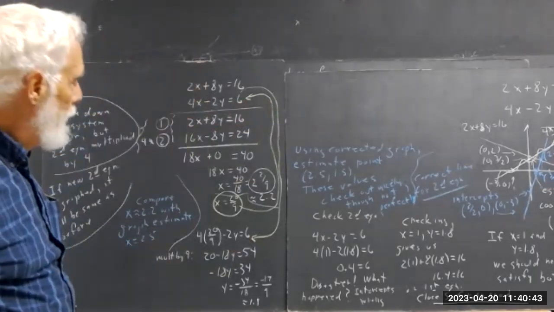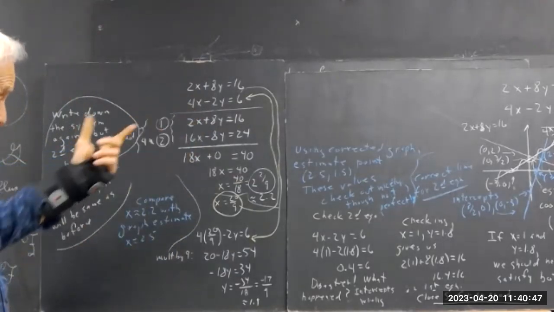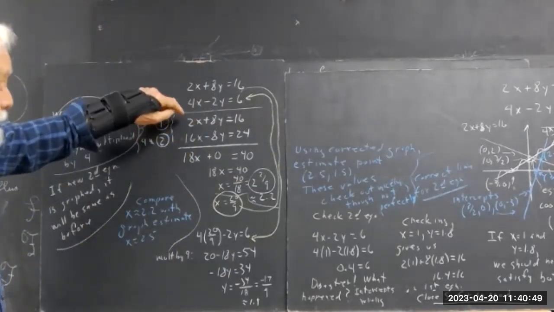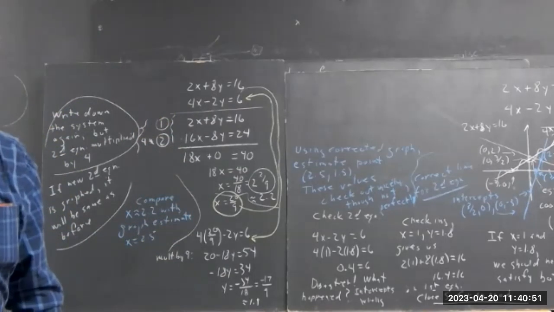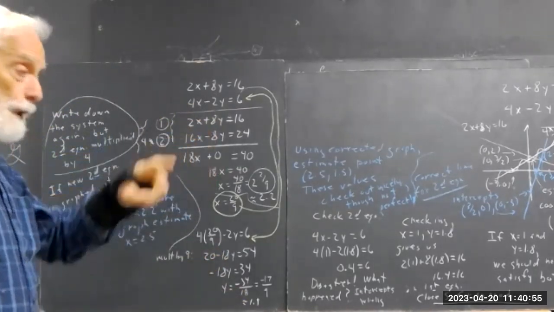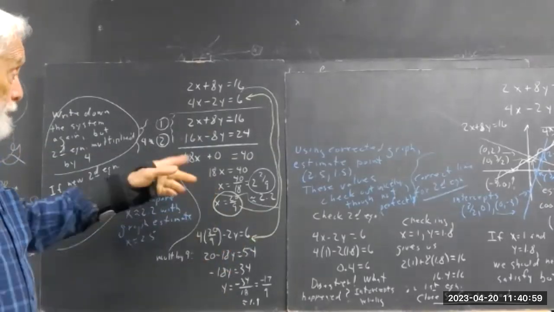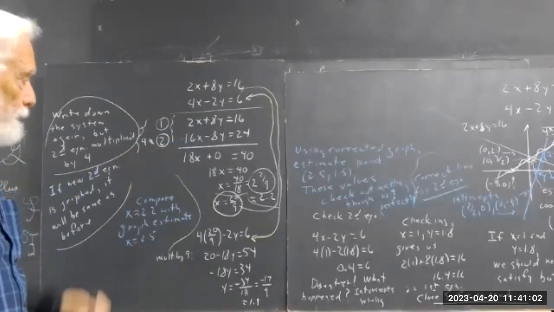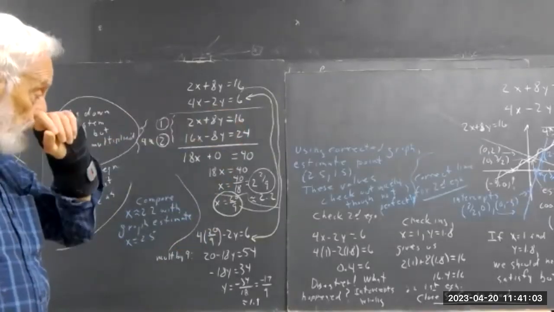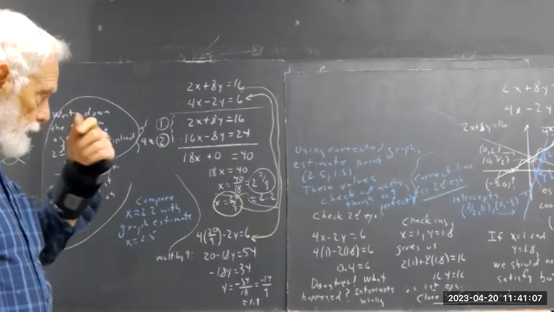The way I add this, I add this side to this side. When I add these two sides, 2x and 16x makes 18x, doesn't it? And 8y and negative 8y makes 0. So we've got 18x plus 0. And 16 and 24 is 40.